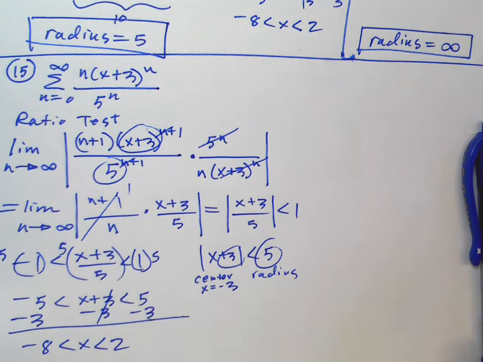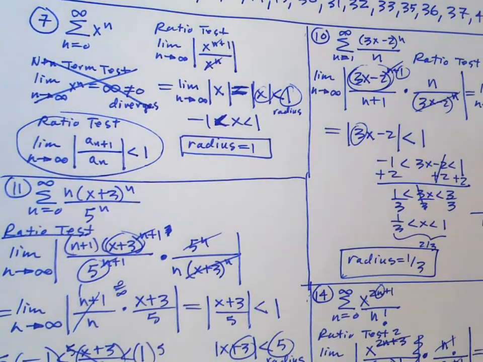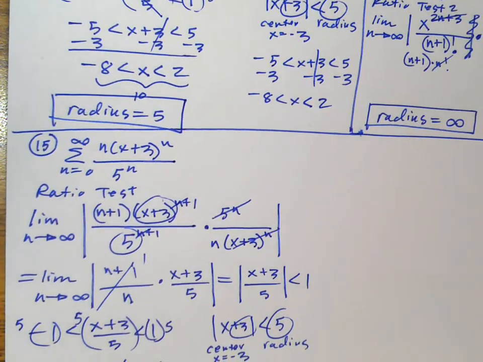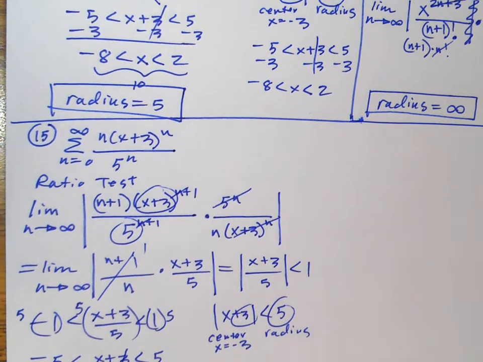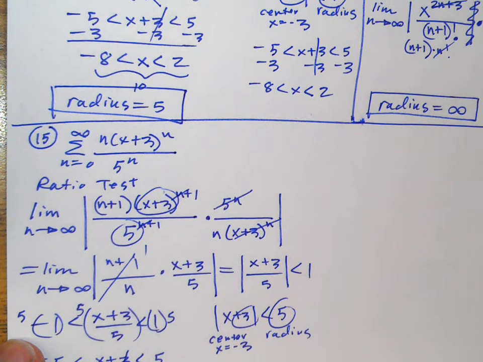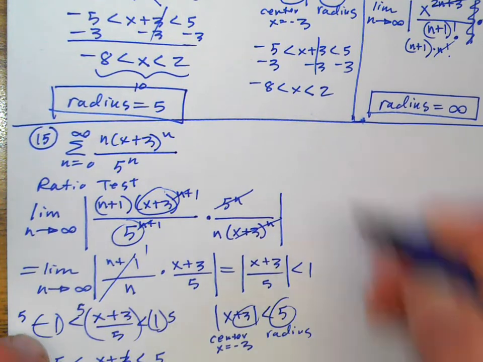Okay, I need to stop and check this. Okay, so I think I did the wrong problem for 11. On 11, I did 15. I'm redoing it right now. I'm pretty much done, so I'm going to go back and do 11 right now that I caught my mistake.